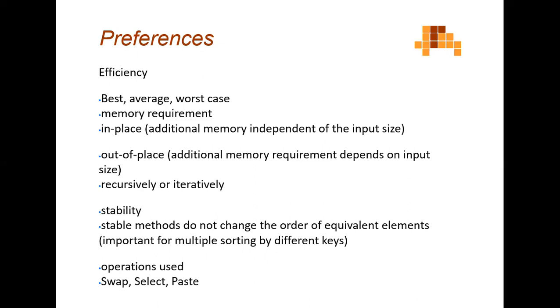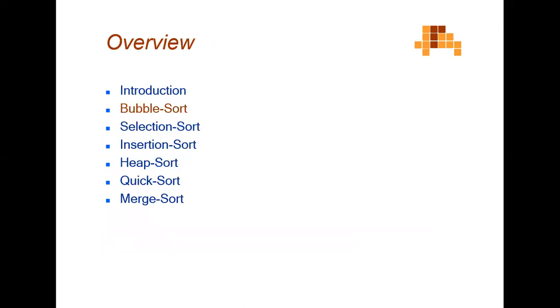Do we have to create 5 arrays to make a temporary memory for the data and then copy it from A to B all the time? Or do we have out of place, where we have to have additional memory depending completely on the input data? Is it recursive or is it iterative? And stability can be quite tricky and can be very hard to understand.